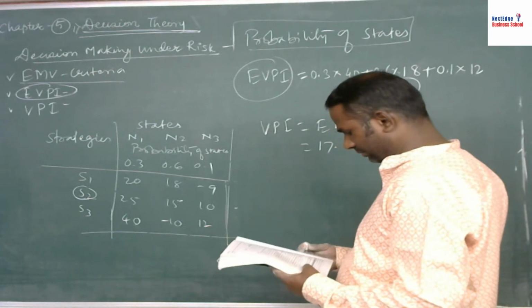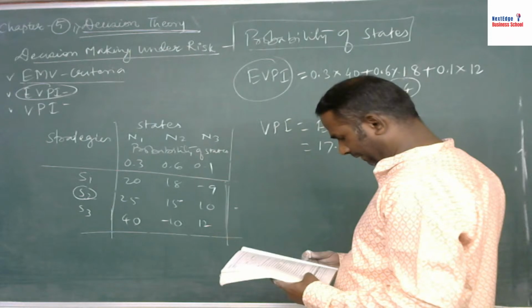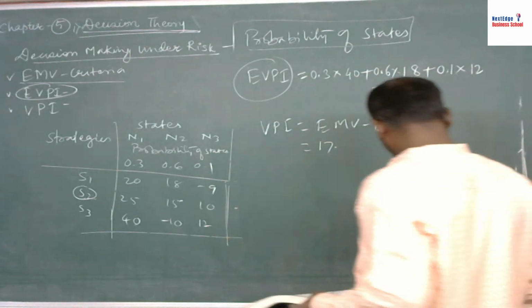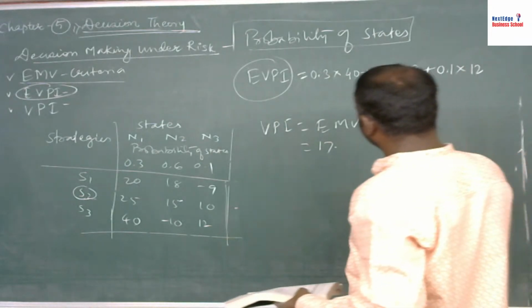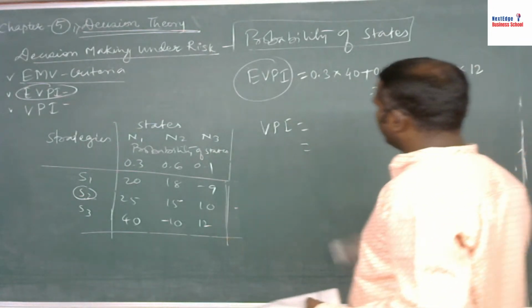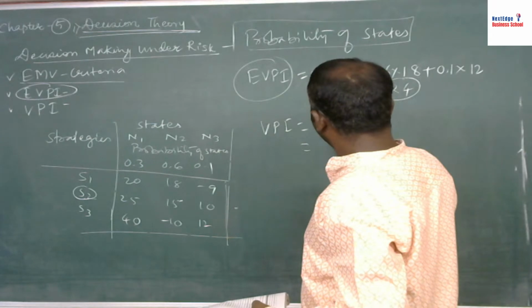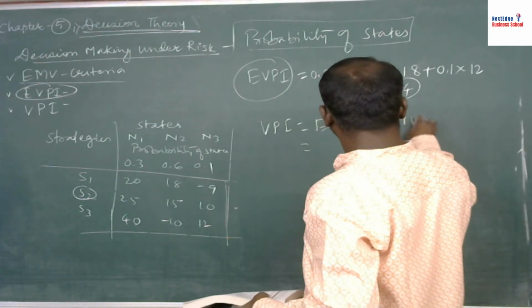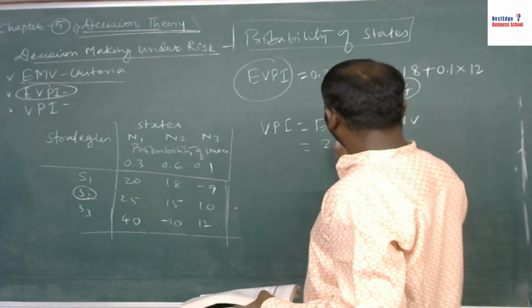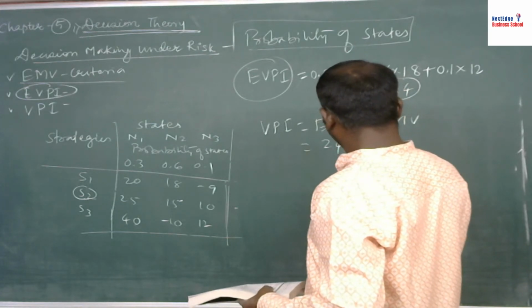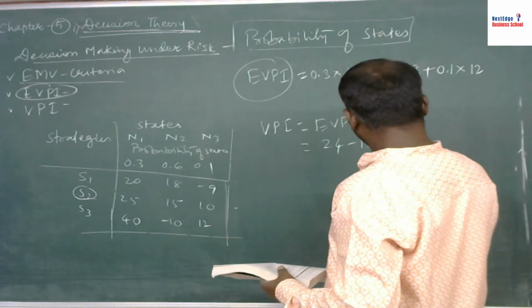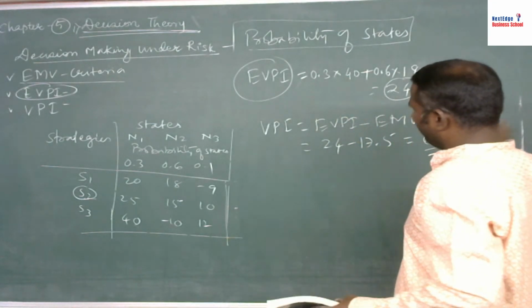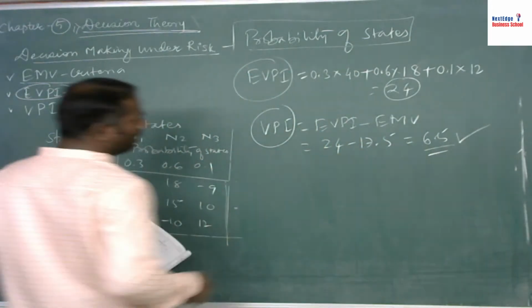VPI is equal to expected value with perfect information minus EMV, थोड़ा उल्टा हो गया, sorry। So VPI is equal to EVPI minus EMV. EVPI का क्या है 24 है और EMV क्या था 17.5 था। तो आंसर कितना आएगा 6.5। तो 6.5 is the VPI, 6.5 क्या निकाला हमने? VPI निकाला.